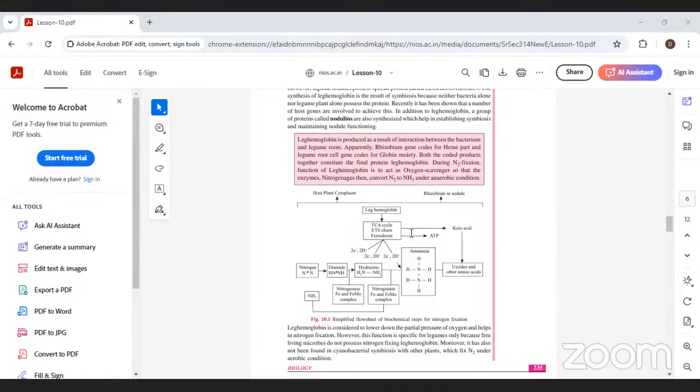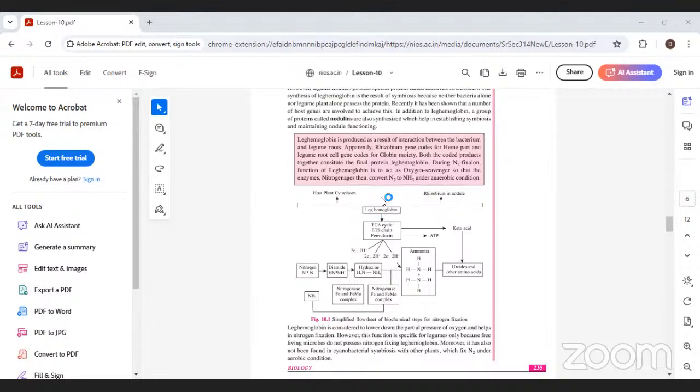See, this is the picture, a simplified flow chart of the biochemical steps in nitrogen fixation. This is the host cytoplasm. This one is the Rhizobium nodule.